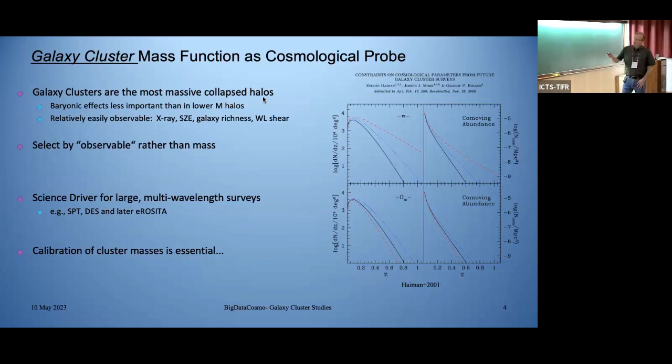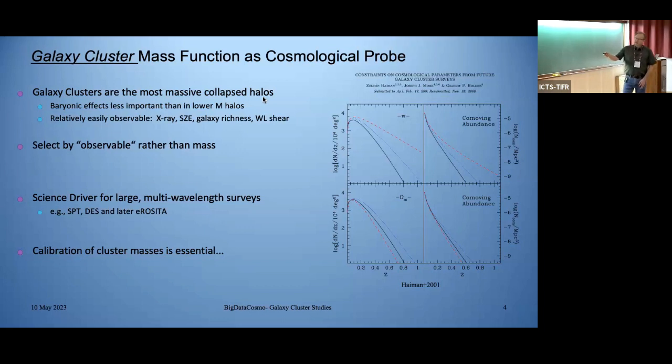What you see here are split into volume effect and abundance evolution effect as a function of redshift in both cases. Plots of the number per redshift for different values of w, where the differences between these plots are of order 1. So this is like -1, -0.6, -0.2, so very large changes in w.